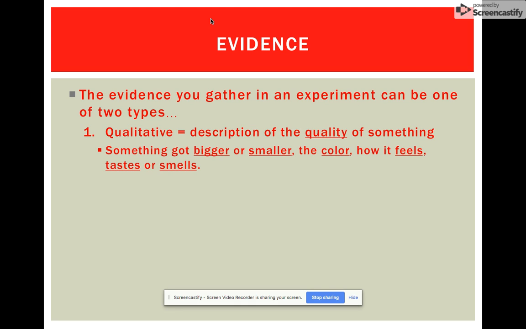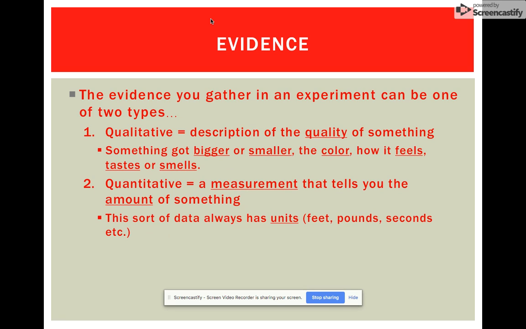So, for example, I can witness that something got bigger or something got smaller, or that the color changed from blue to red, or how something feels or tastes or smells, right? These are all just descriptions of what's going on, but there's not actually any numbers or measurement involved in them. So these are called qualitative evidence.